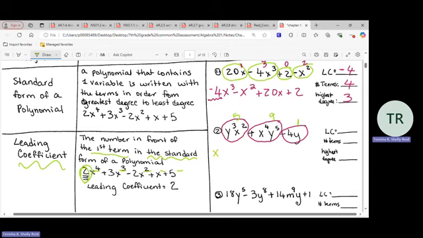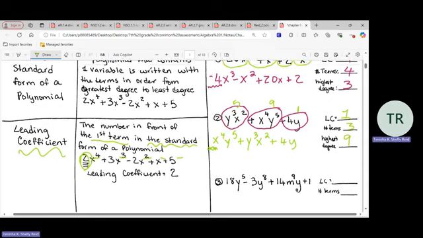We should have had x to the 4th, y to the 5th, and then plus y to the 3rd, x to the 2nd, and then here with the 1, so plus 4y. So 9, 5, and 1. This is in standard form. The leading coefficient, the number that's in front of the first term, can't see it, technically means it's a 1. The number of terms is 3, and the highest degree was 9.